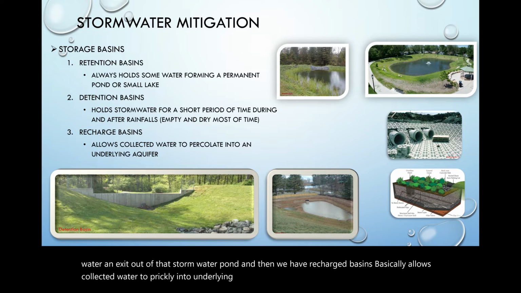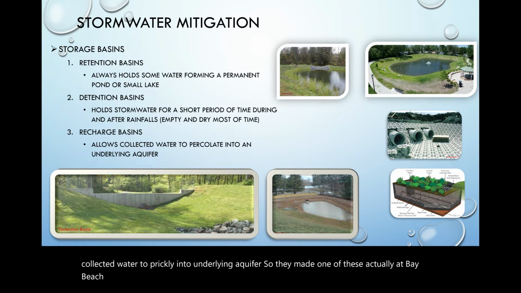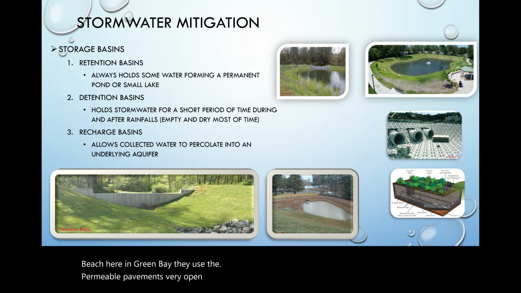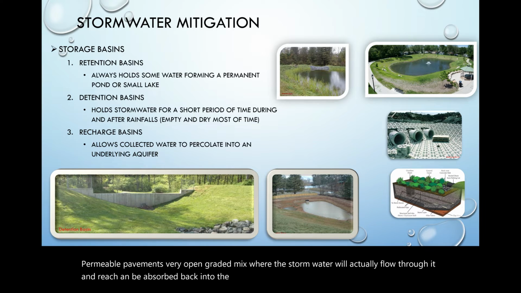They made one of these actually at Bay Beach here in Green Bay. They used permeable pavements, a very open graded mix where the stormwater will actually flow through it and be absorbed back into the groundwater. So this eliminates stormwater ponds.